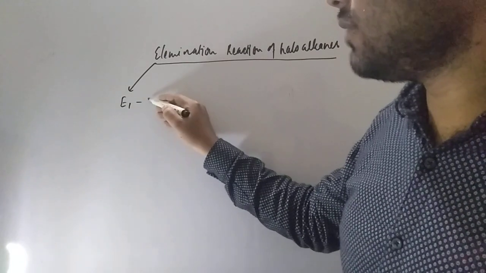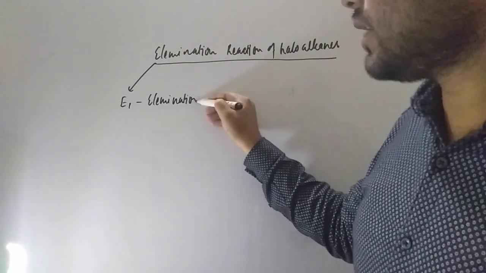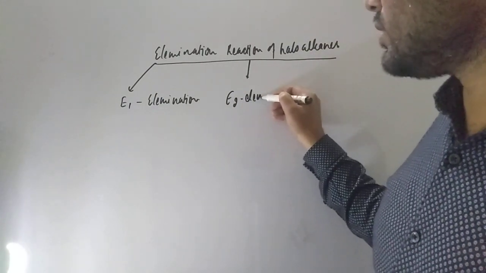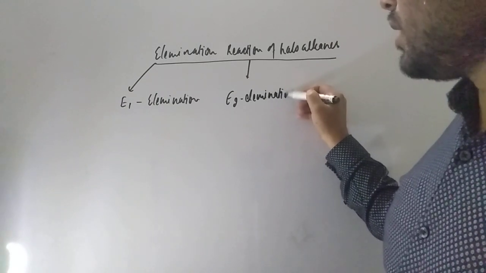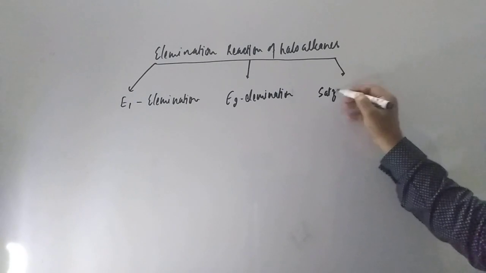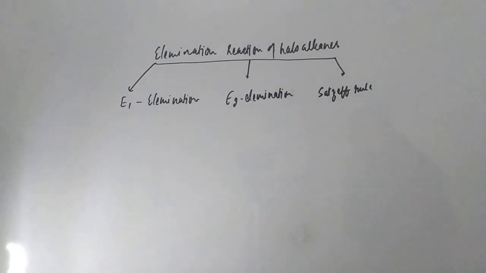Then there is the E2 elimination. And the last one is the Saytzeff rule. So there are three ways we can do the elimination reaction of haloalkanes and haloarenes.